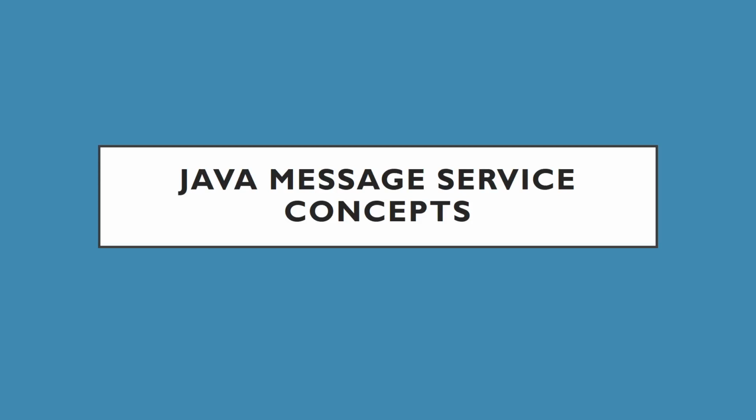This chapter provides an introduction to the Java Message Service, or the JMS API, a Java API that allows applications to create, send, receive, and read messages using reliable, asynchronous, loosely coupled communication.